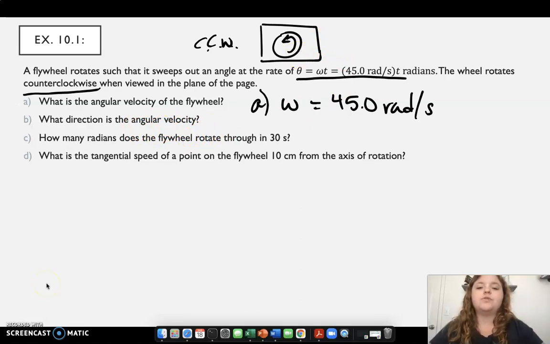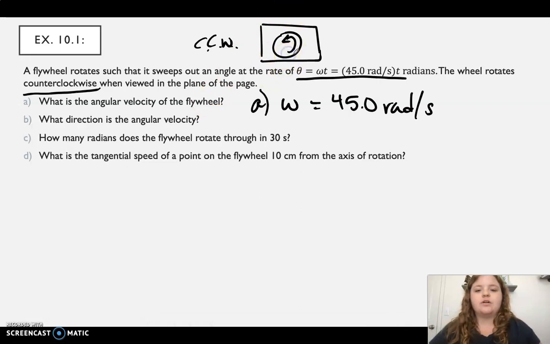So what we'll do is use the right-hand rule to figure out the direction of the angular velocity. We said that our rotation here is counterclockwise. So we'll take our right hand, again, this is my right hand, which is kind of confusing for you guys, and we're going to curl it in the direction of motion of the wheel.